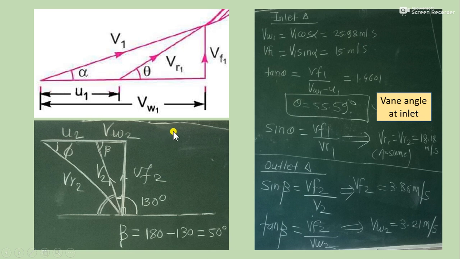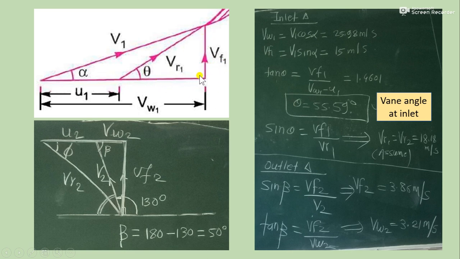Next is to find the vane angle. For that we need the velocity triangle. Let us see the inlet velocity triangle. As we know, Vw1 is V1 cos alpha. Putting V1 and alpha values, we get the answer. Then Vf1 is V1 sin alpha. Now to find theta, take the tan ratio, meaning opposite side Vf1 divided by adjacent side.